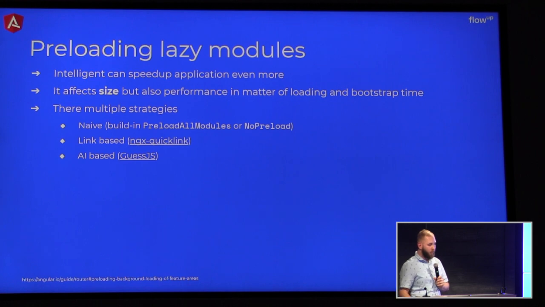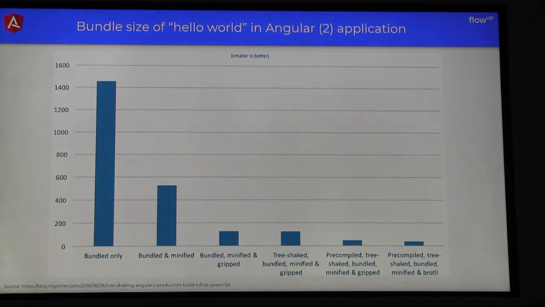So this is how your application would look in size. The numbers are in kilobytes, so the first one is almost 1.5 megabytes. It is info from Angular 1, from Minko Vojtech's blog post.